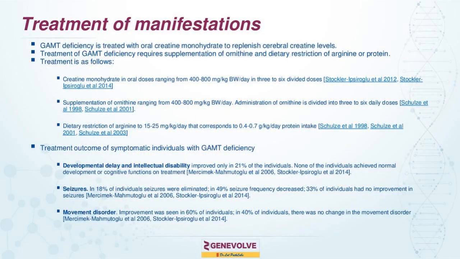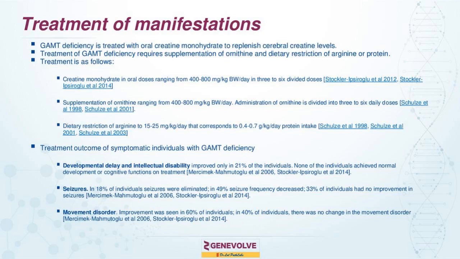Further, on literature review, we got to know that there are suggested targeted therapies associated with this gene mutation, such as oral creatine monohydrate intake. There was a certain treatment protocol mentioned in the literature. If you can see, there are certain points for dosage.